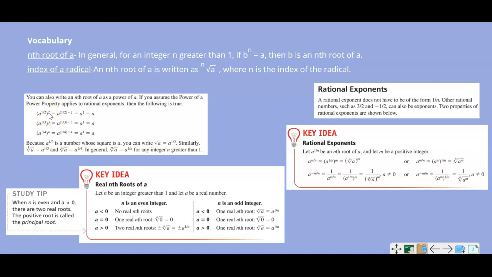If you square that, 1/2 of 2 is 1, and that equals just a. So basically the square root and something to the second power, those two things undo each other. A to the 1/3 power cubed, 1/3 of 3 again is 1, and that represents just a.